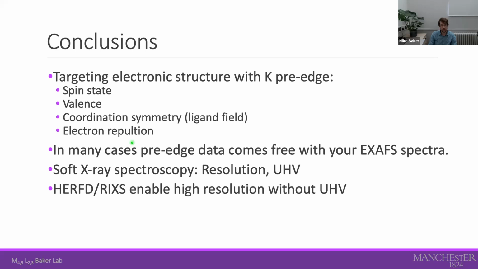And then I also commented on, since the cobalt-2 example I showed was a high energy resolution fluorescence detected K pre-edge, that it's possible to get higher resolution without ultra-high vacuum. And that's a good way to realize pre-edges on compounds which aren't compatible with an ultra-high vacuum environment.